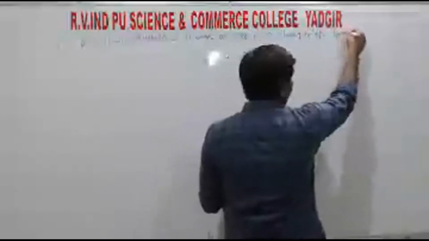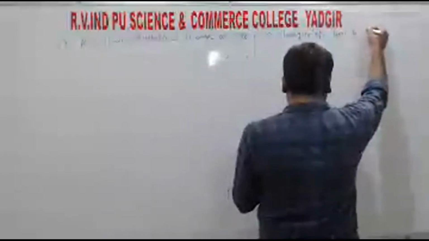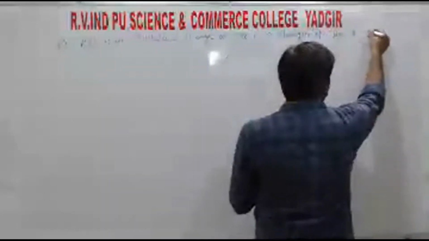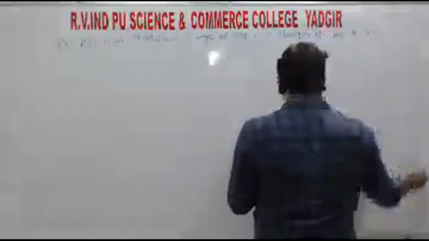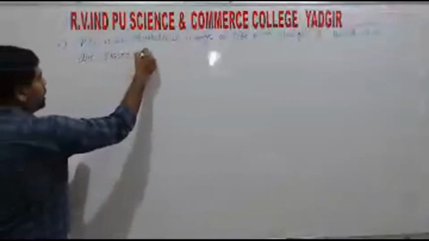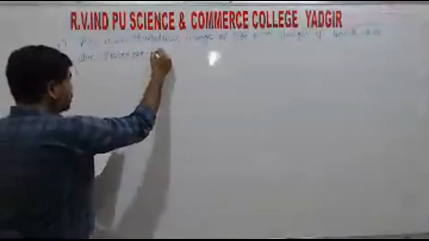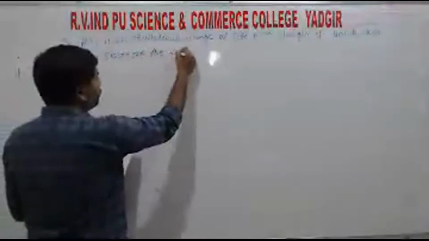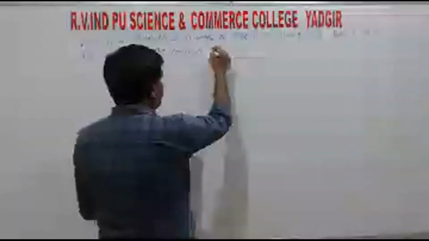Charges of minus 4 nanocoulomb, plus 4 nanocoulomb and minus 8 nanocoulomb are placed at the corners A and B respectively.